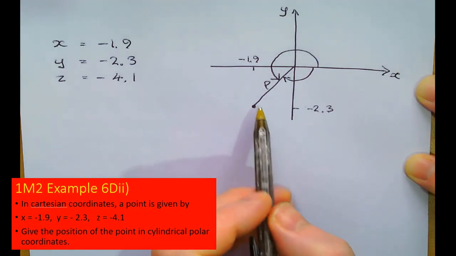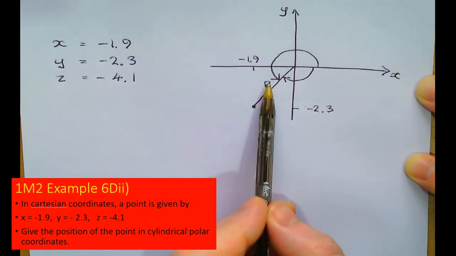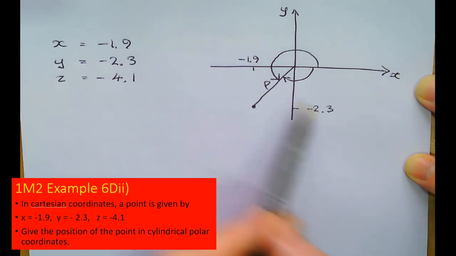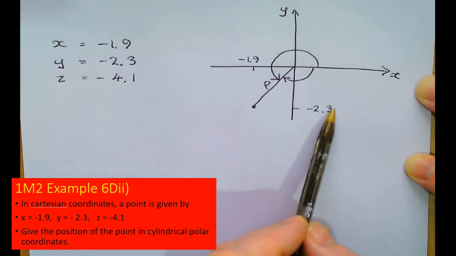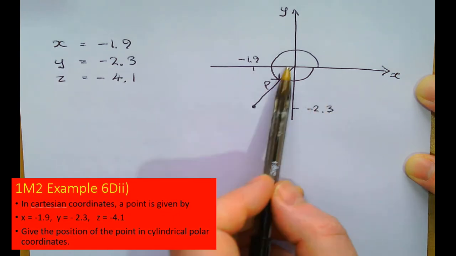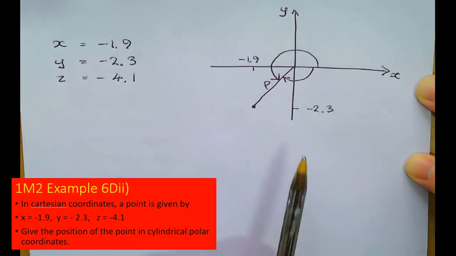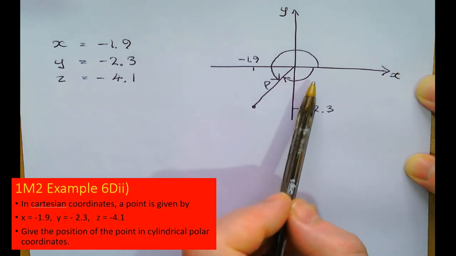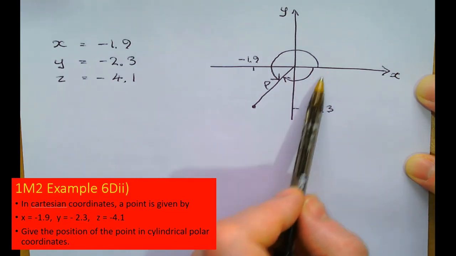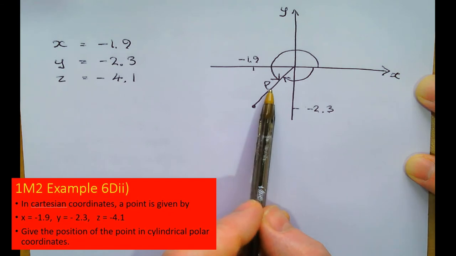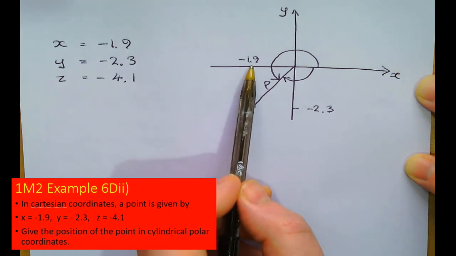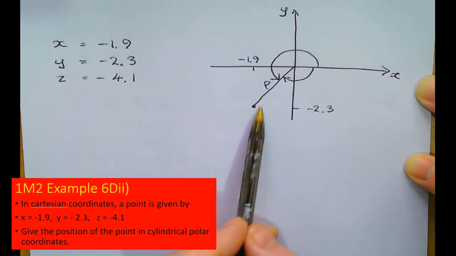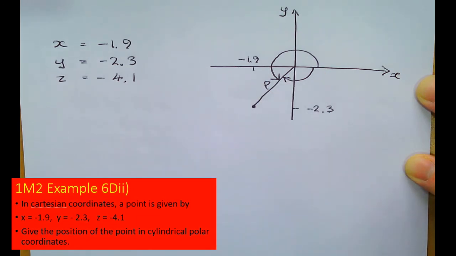So we would expect a value of rho somewhere between 2.5 and 3. It'll be a bit greater than the 2.3 units here, but not massively so. We would expect our phi to be negative, to be between minus pi over 2 and minus pi. Somewhere near minus 2 radians.